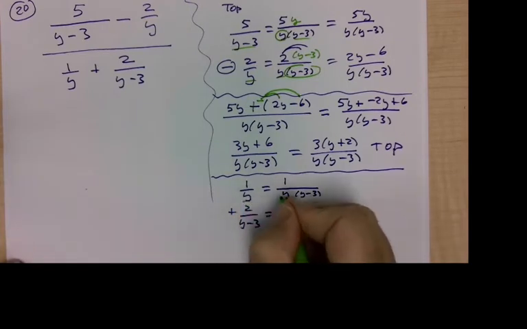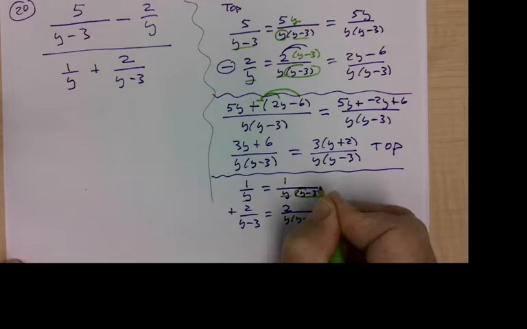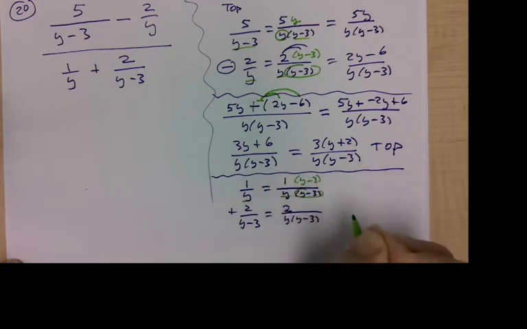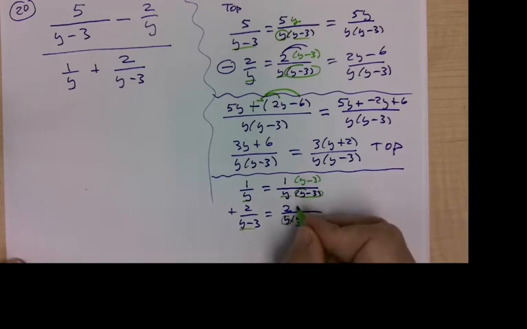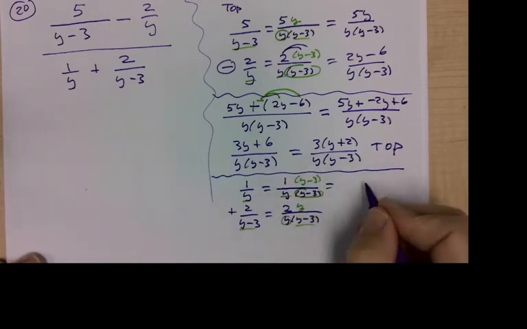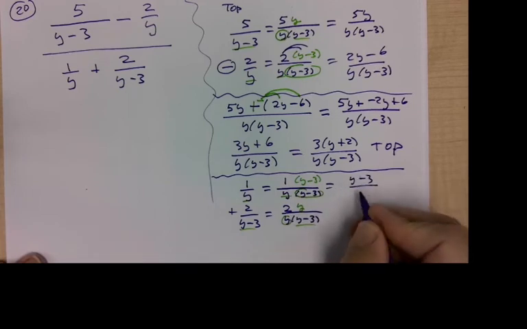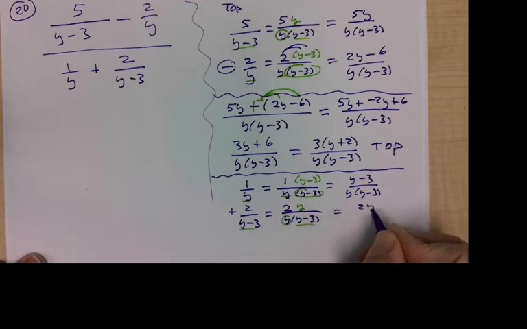The y was there before, so y minus 3 is new, so y minus 3 goes on top. The y minus 3 was there before, so the y is new, so the y goes on top. 1 times y minus 3 is y minus 3 over y times y minus 3. 2 times y is 2y over y times y minus 3.